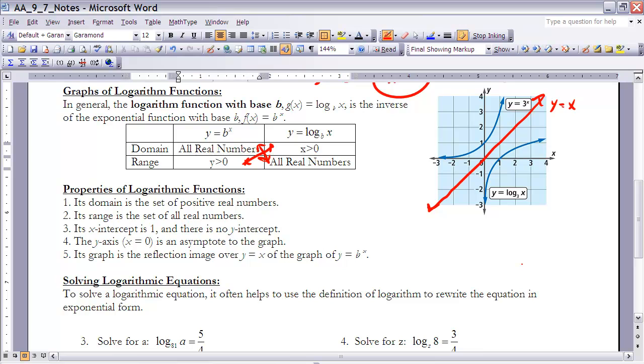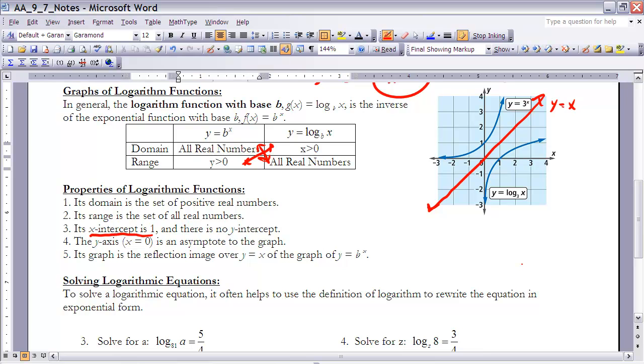Now, if I think about properties of logarithmic functions, we talked about their domain and range as being part of the properties, but we also know that all logarithmic functions will have an x-intercept of 1. The reason for that is b to the 0 is going to be equal to 1 for all values of b that would work in a logarithmic function. We also know there's no y-intercept for a logarithmic function.